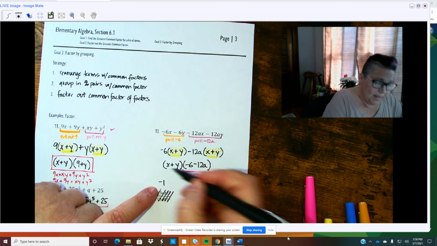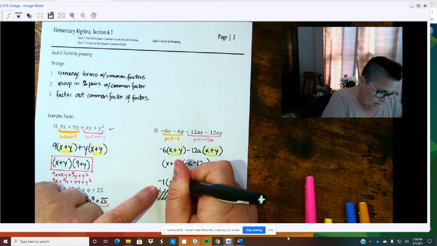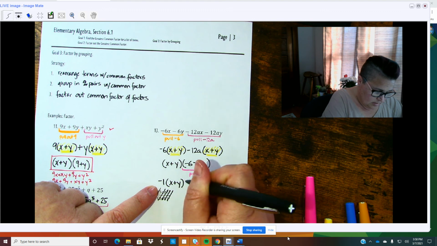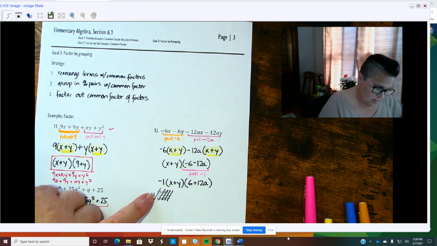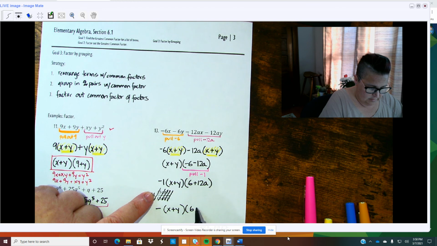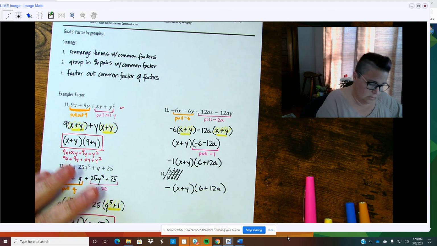I'm going to put it all the way out front because it's multiplication and order does not matter. -1(x plus y)(6 plus 12a). Some people would just write this as a negative (x plus y)(6 plus 12a). And that's okay. That's all right too.